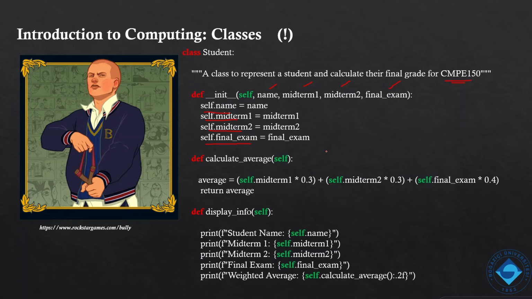And this time I want to calculate the student's average score. So I will take 30% from midterm 1, 30% from midterm 2, and 40% from the final exam. Don't forget, whenever I want to use class attributes, I will call them by writing self.midterm1, self.midterm2, self.final_exam, right?